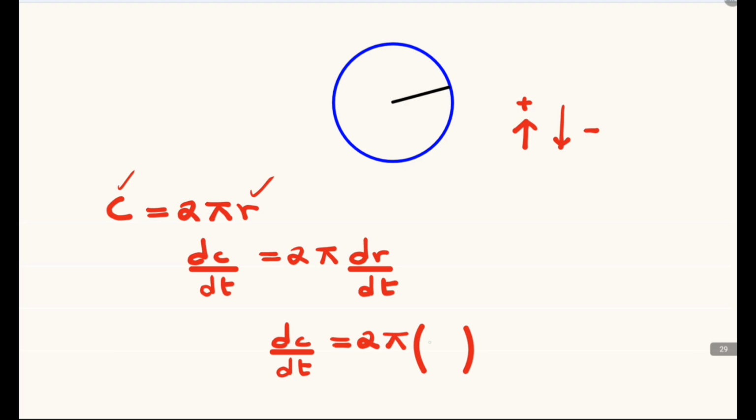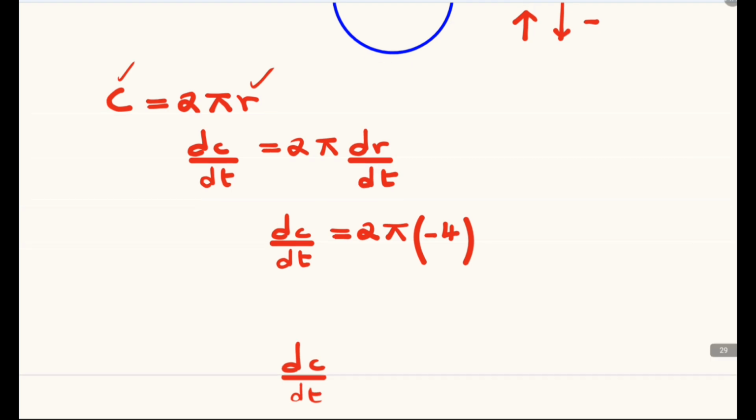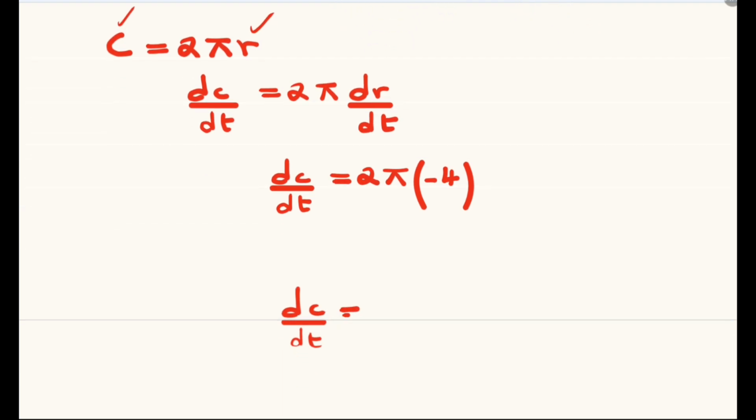Since the radius is decreasing, we have negative 4 centimeters per second, and the rate at which the circumference is changing with respect to time will be equal to 2 pi multiplied by negative 4, which is negative 8 pi, which is equal to negative 25.133 centimeters per second.